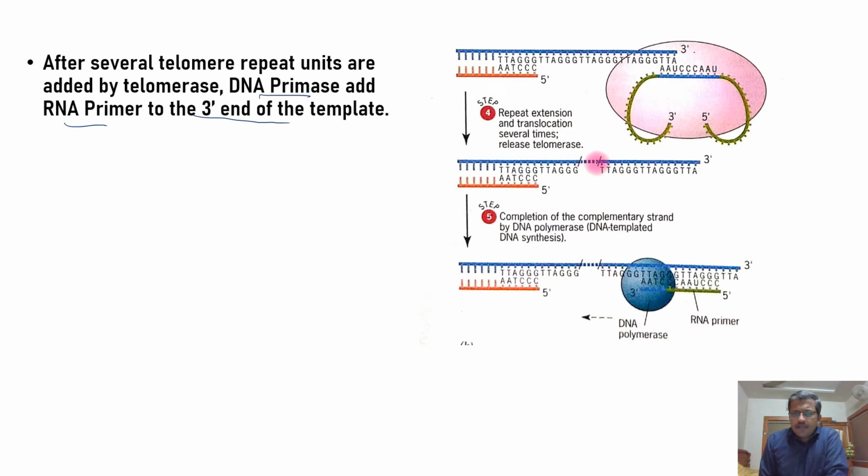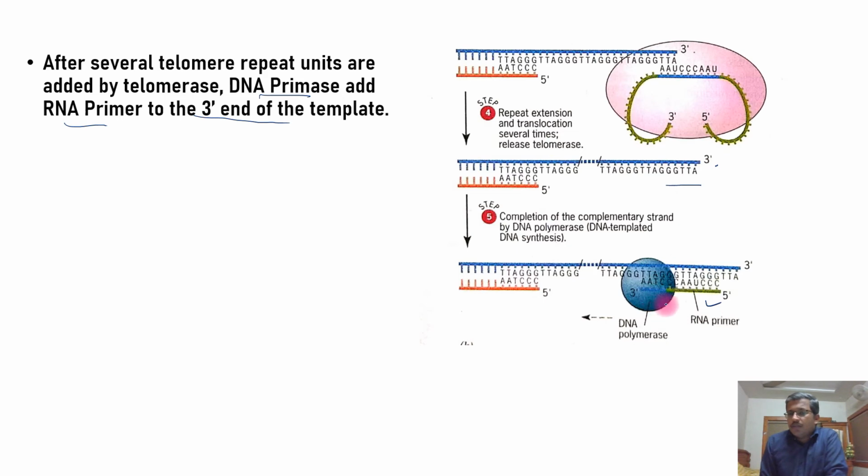This dotted line represents that it is continuous, with a large number of nucleotides in between. Now what will happen at this 3' end, which is artificially formed? It is not the original DNA segment. Instead, it is added by the telomerase enzyme. So at this 3' end, an RNA primer will be added by the enzyme DNA primase.